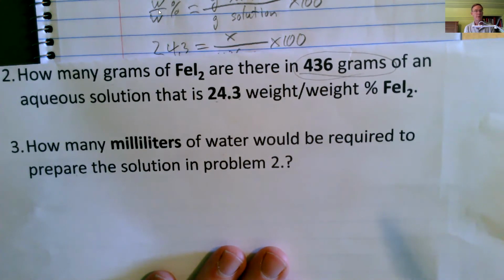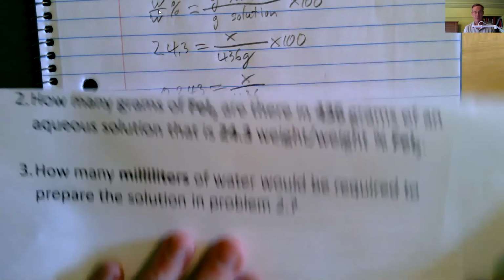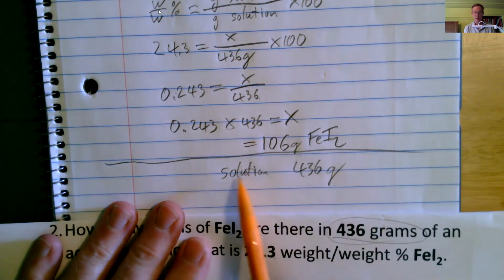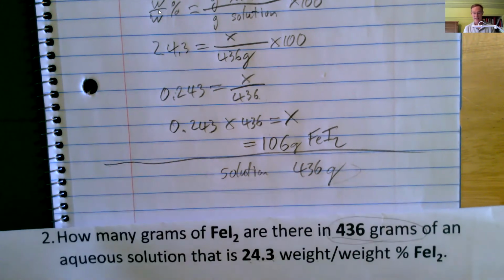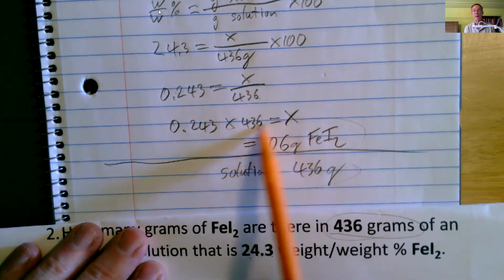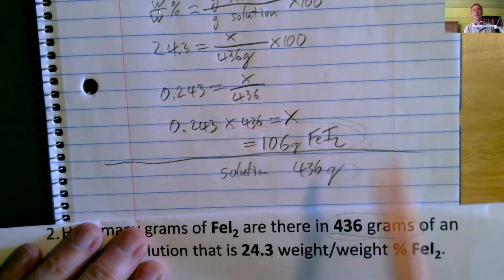Well, the water is going to be the solvent. And remember that all solutions are made up of two parts, the solute and the solvent. So if I know the total, the solution, and I figured out in the previous problem how much of that was solute, then I can figure out by subtraction how much is going to be solvent.